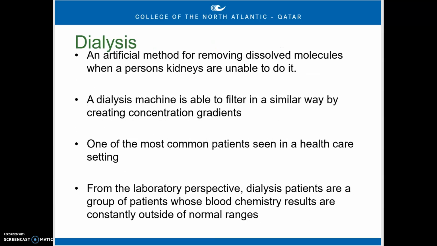And the last slide for this unit, we talk about a very common treatment that revolves around kidneys, and that's called dialysis. So when kidneys aren't working to the best of their ability, or they're not functioning well at all, or if a patient's waiting for a kidney transplant, for example, very often they'll be put on a treatment called dialysis. Now, dialysis is an artificial method for removing all of those molecules from a person's blood.